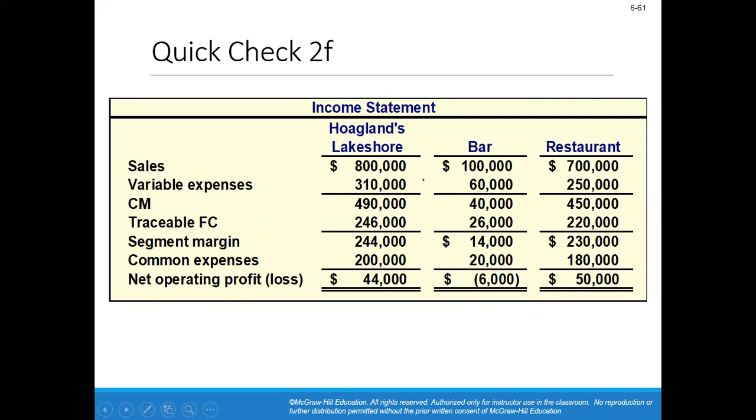Remember, it is not that straightforward, but what I'm telling you here is that you will be likely to decide in this way. But we'd like to see why the problem is arising here. Note that we have allocated some common expenses to the segments.